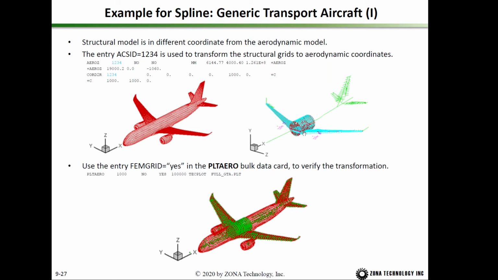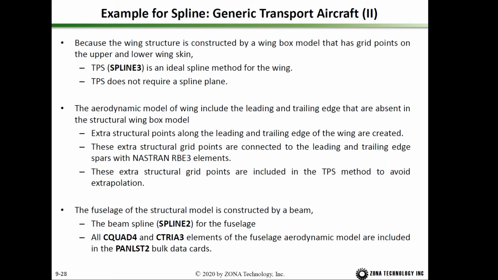But note that because they only model the wing box, you have to put extra grid points along the leading edge and trailing edge of the wing, and connect these grid points to the wing box by RBE3 to avoid extrapolation.